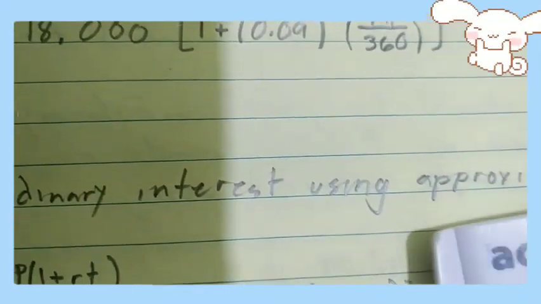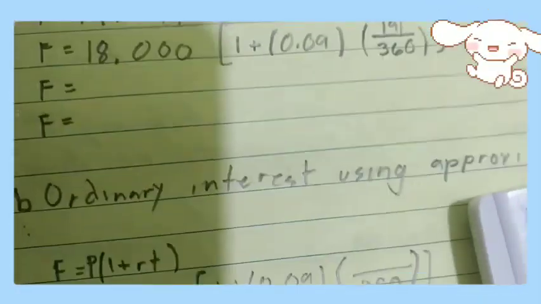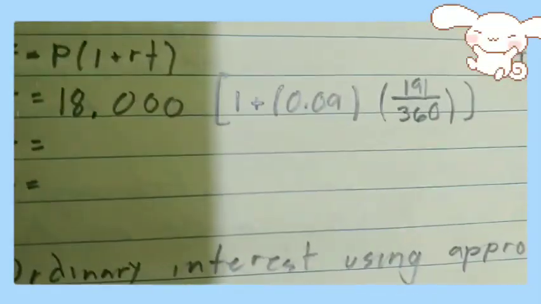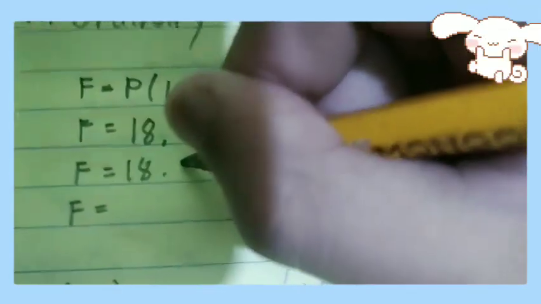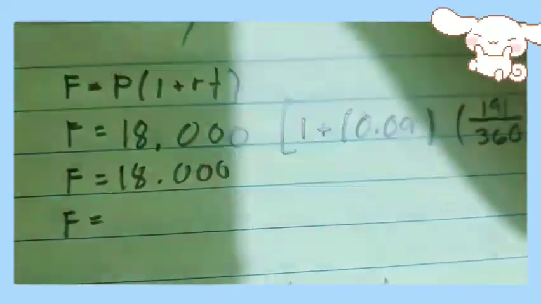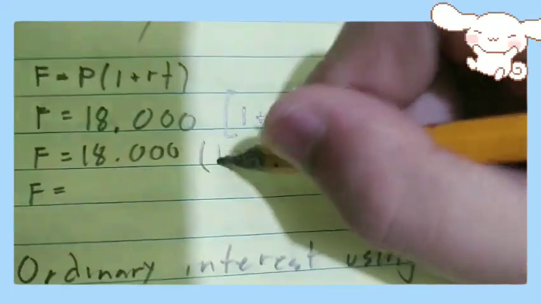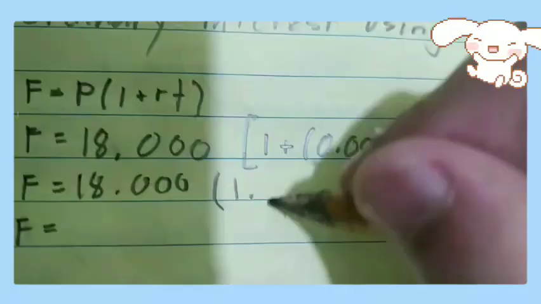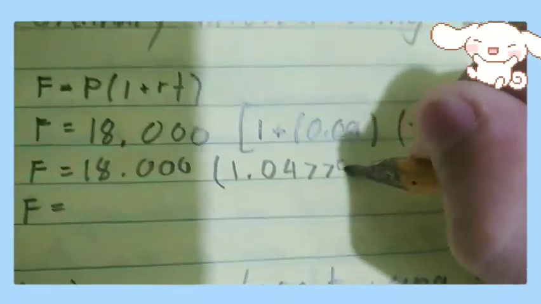So in the inside we'll have to put 18,000 close parenthesis, 1.04775.